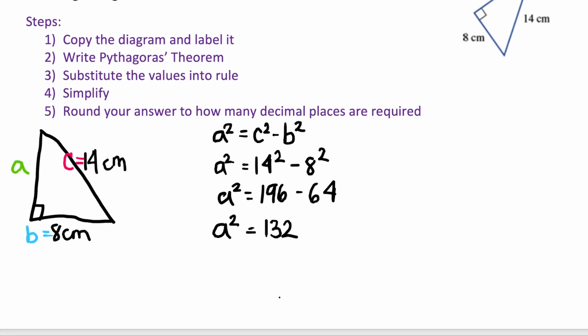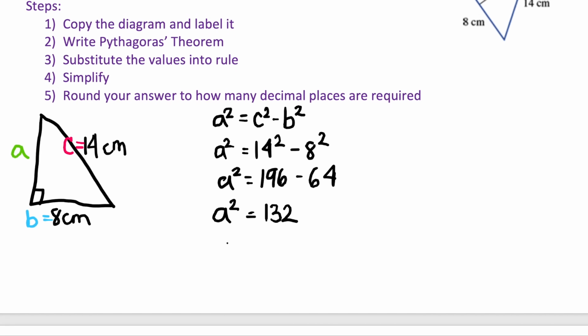And we do a square root on both sides. That will give us that a is equal to the square root of 132, which is 11.48912, and so on. But it's asking me to give my answer to 1 decimal place, so I will write it down here so I can show how I'm rounding it. 11.48912, and I'm putting the 3 dots to indicate that it keeps going.